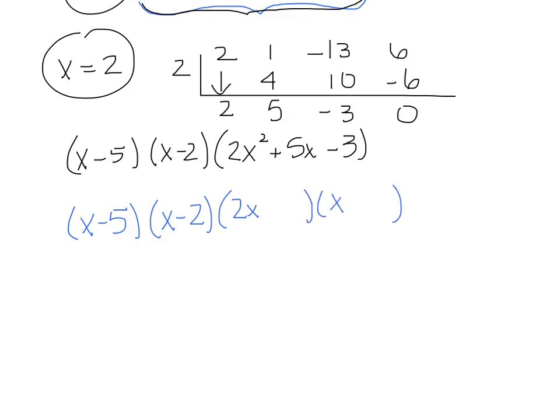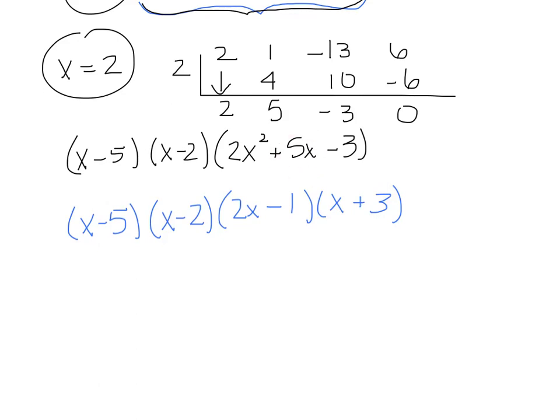Because I have a negative 3 and a positive 5, my choices are going to be 3 and 1 on the outside, but it looks like I need to have my 3 right here and 1 here, this being positive and this being negative. So that when I multiply negative 1 times 3, that gives me my negative 3. This is going to give me my positive 6, minus 1 still gives me a positive 5.